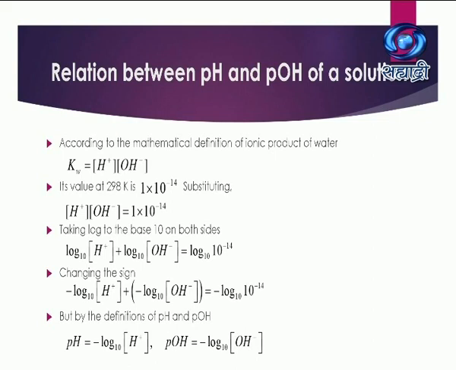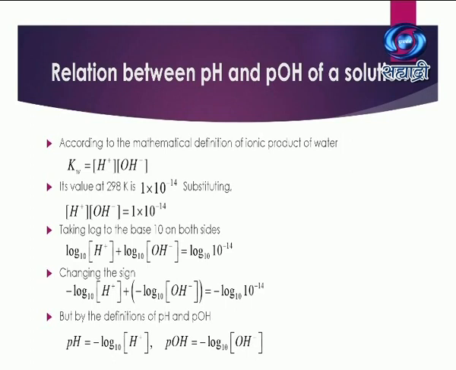Now we are going to consider the relation between pH and pOH, and so let us take log to the base 10 on both sides. So log to the base 10 active mass of H plus plus log to the base 10 active mass of OH minus is equal to log to the base 10 of 10 raised to minus 14.